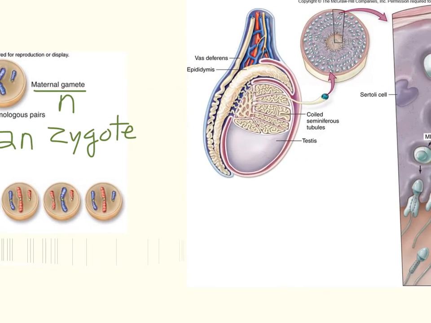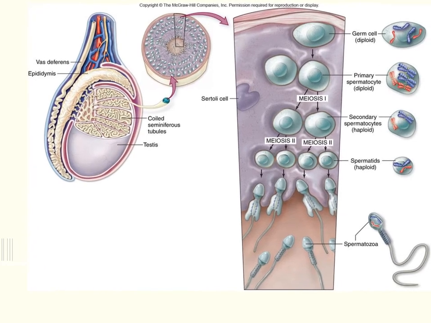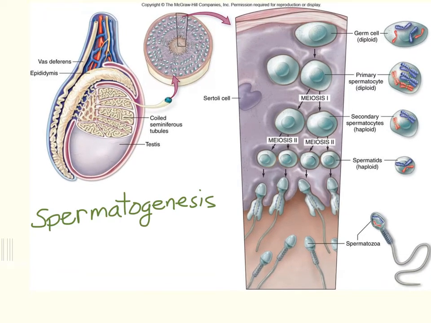At birth, male testes contain dormant germline cells, and they are diploid. At puberty, gonadotrophic hormones trigger sperm production. Gonadotrophic simply means at the gonad level, so within the gonads, which in males are the testes.